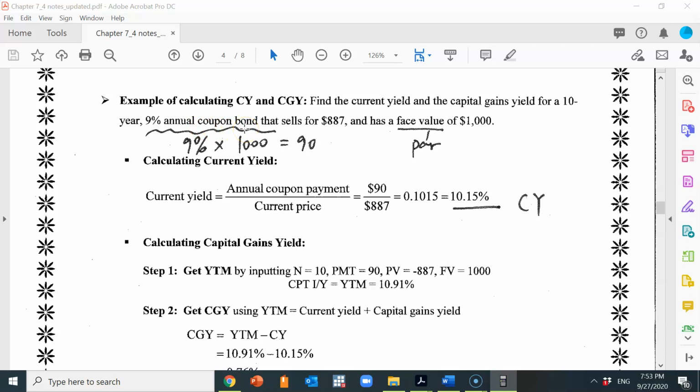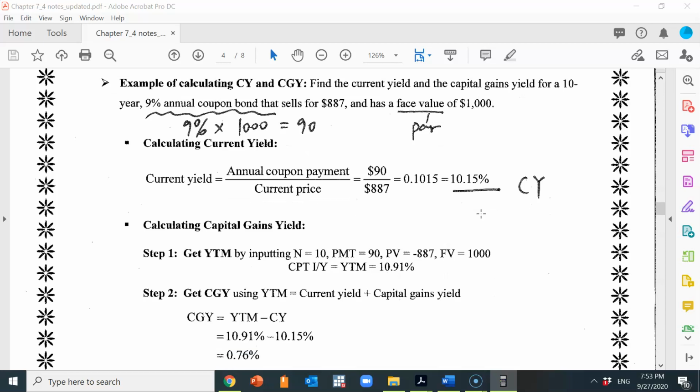Always remember this means that the 9% is the nominal annual coupon rate. So we use 9% multiplied by 1,000, and we have 90 as our annual coupon. If we want current yield, we use this annual coupon payment, 90, divided by our current price, 887. The current yield is 10.15%.